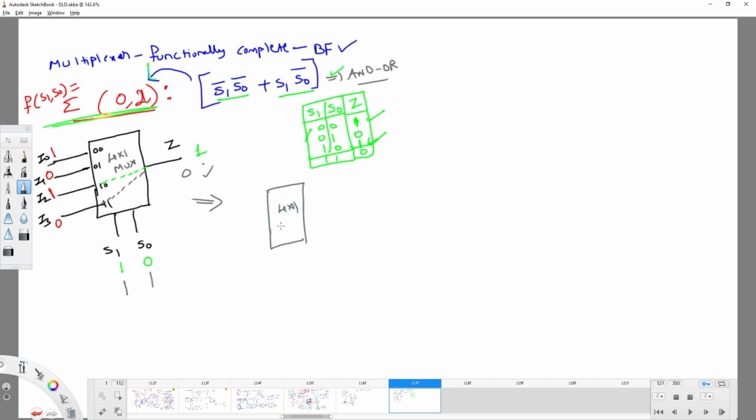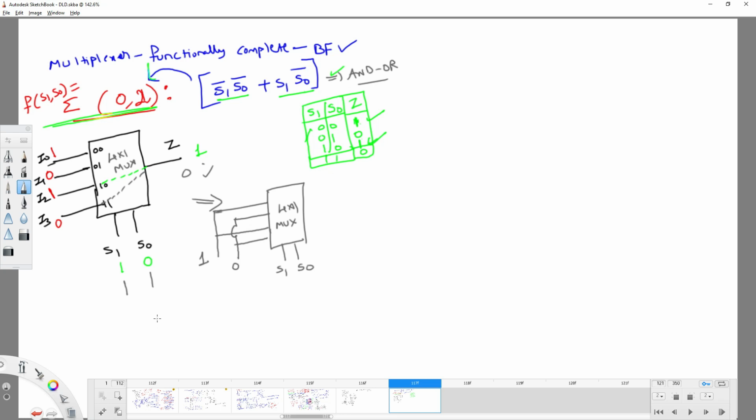If I take it as a 4 by 1 mux, I0 input is 1, I1 input is 0, I2 input is 1, I3 input is 0. So I can directly connect like this. For this the input is 1, for this the input is 0, and my select inputs are S1 and S0. Like this you can do it.